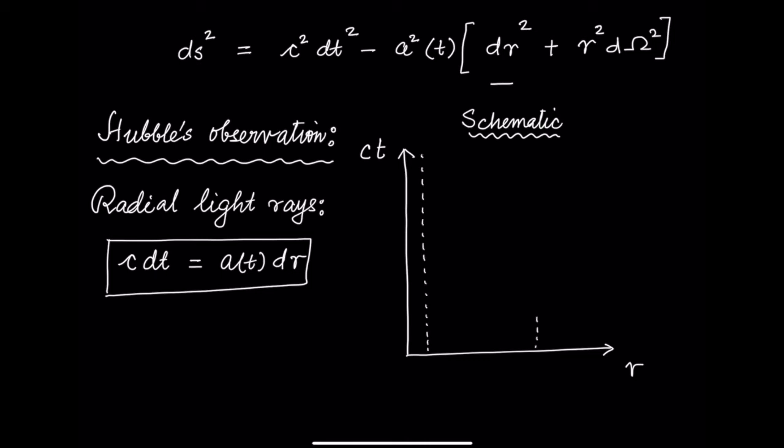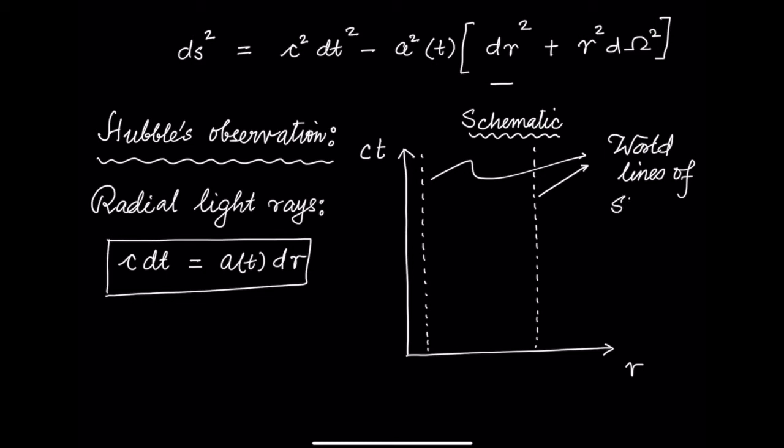They remain at the same r as time progresses, so these are their trajectories or world lines. I write stationary, which means that their r coordinate doesn't change.